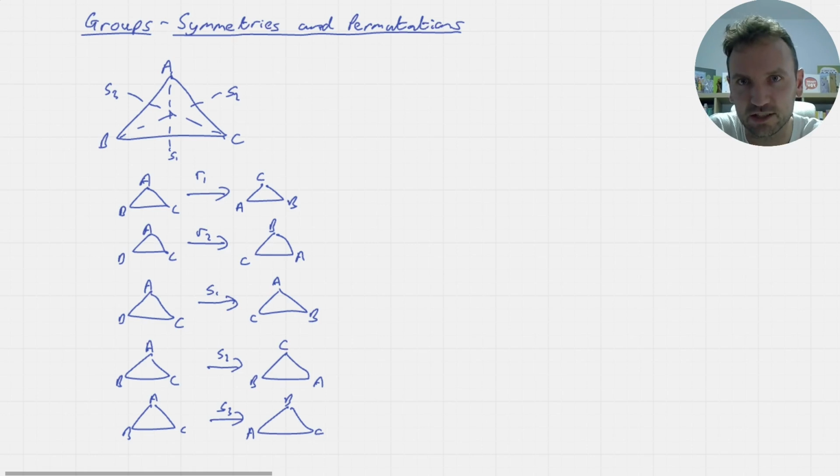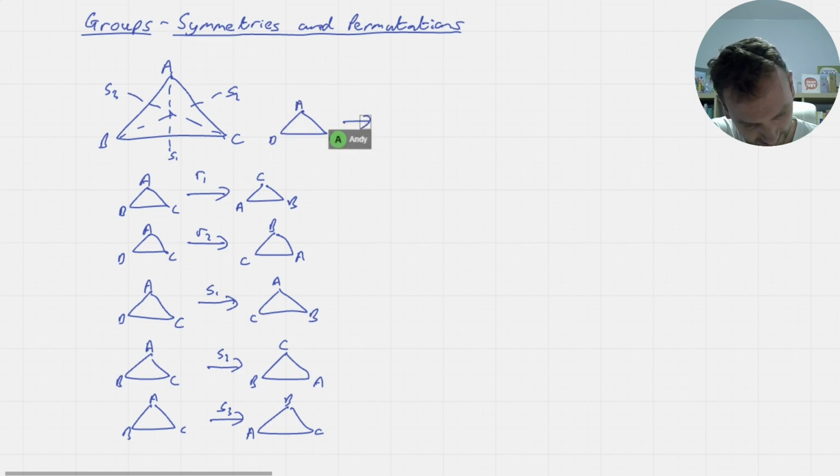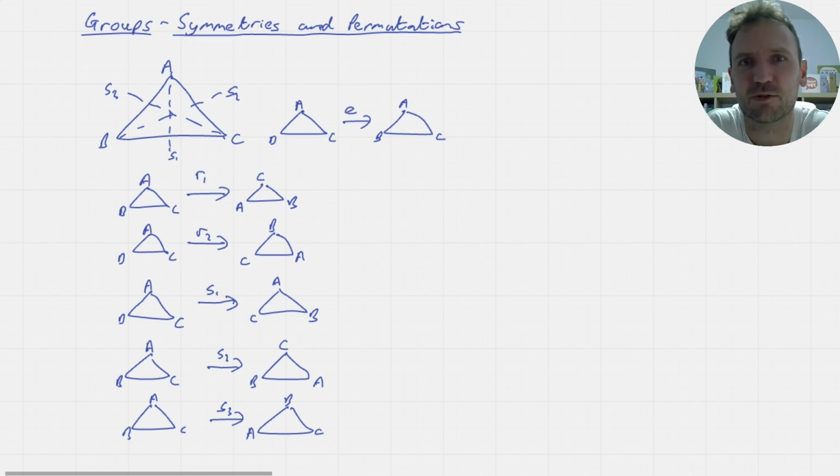All these are changed in our triangle. So the final one I'm going to consider is the do nothing option. So the do nothing option, obviously ABC stays exactly as it is. It does what it says: it does nothing. By convention, I'm going to call our identity operation E. You don't have to, but that's the most commonly chosen letter for our identity.